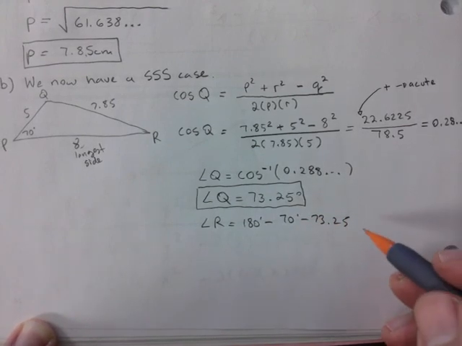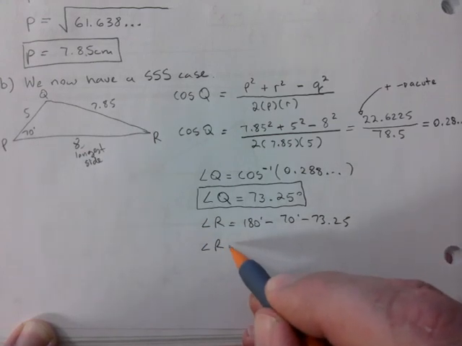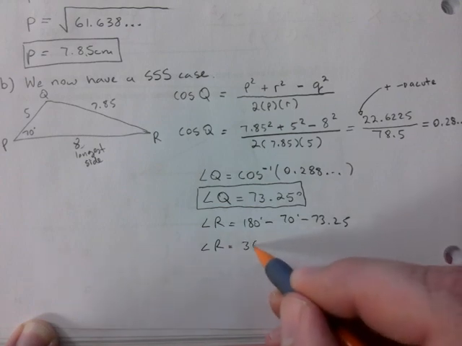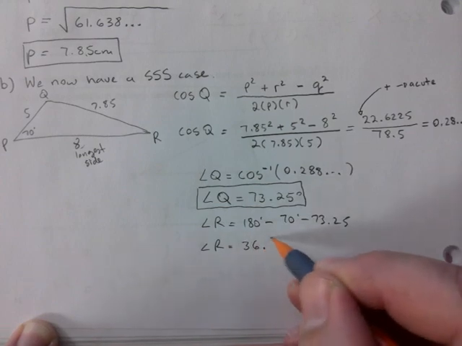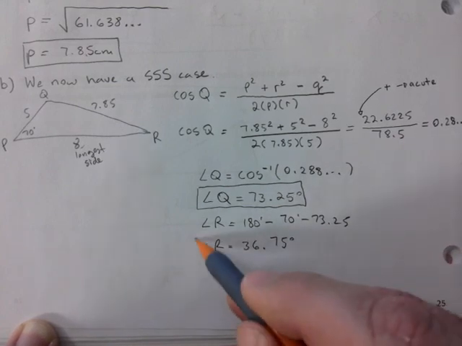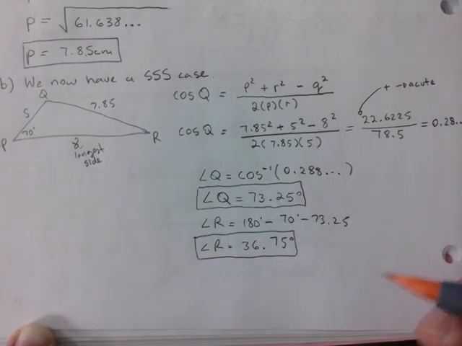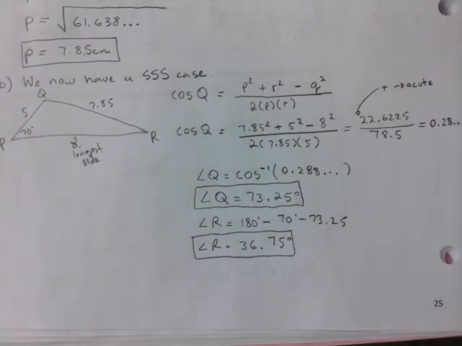We get 36.75. So you found Q and R just like that.